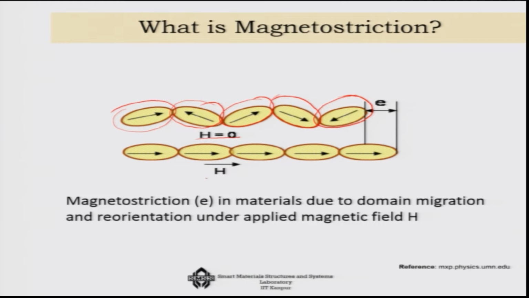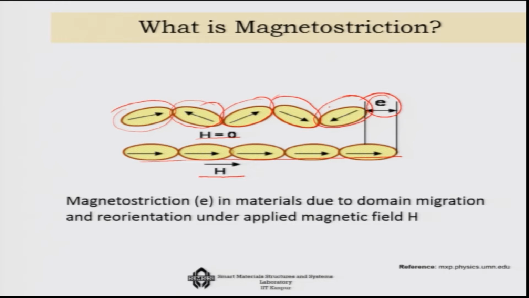If I apply a magnetic field, what will happen? All these domains will flip and align themselves in a particular direction. It is like a twisted chain, and the moment you apply a force, in this case the magnetic force, this chain unfolds. As a result, magnetostriction happens.